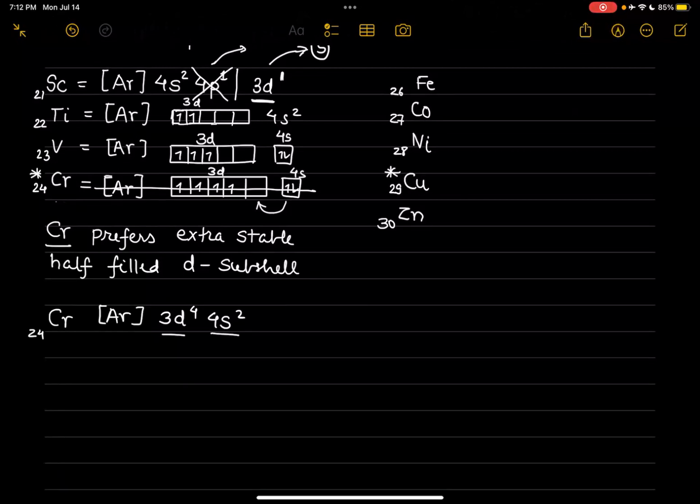But in chromium, the shortcut goes wrong. This is not the electronic configuration of chromium. Instead, it is like this: argon 3d5 4s1. Got it? Yes, sir.